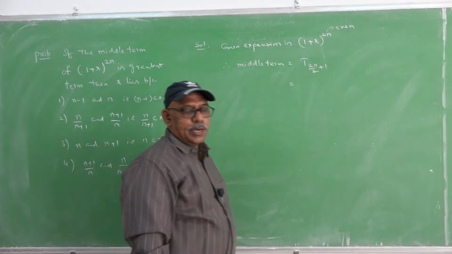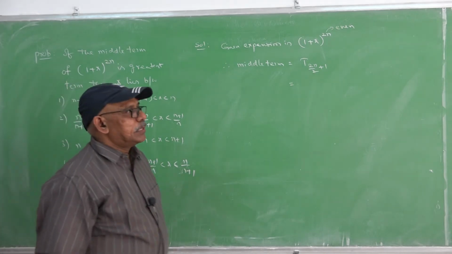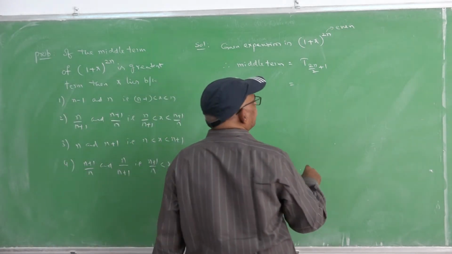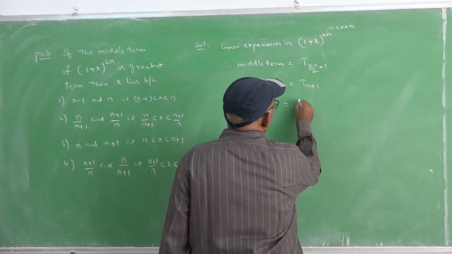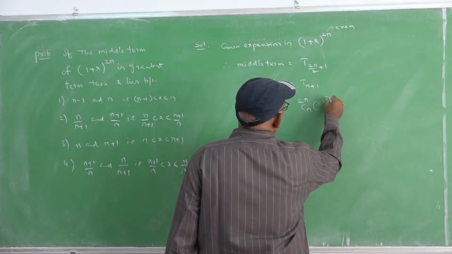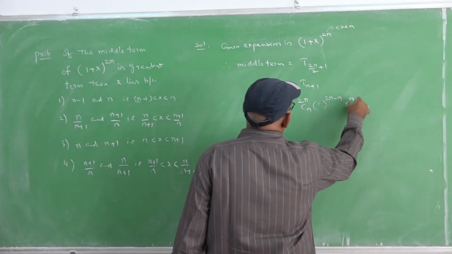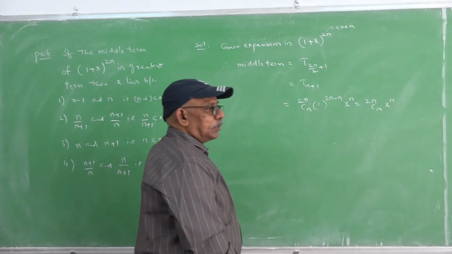Once the index is even, the required middle term is T of index 2n by 2 plus 1, that is T(n plus 1), the n plus 1th term, that is 2n Cn, 1 power 2n minus n into x power n, that is 2n Cn x power n. This is the middle term.